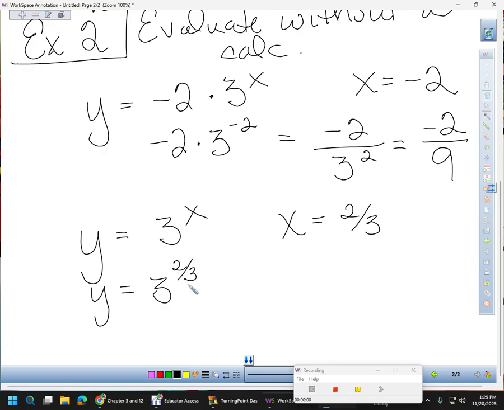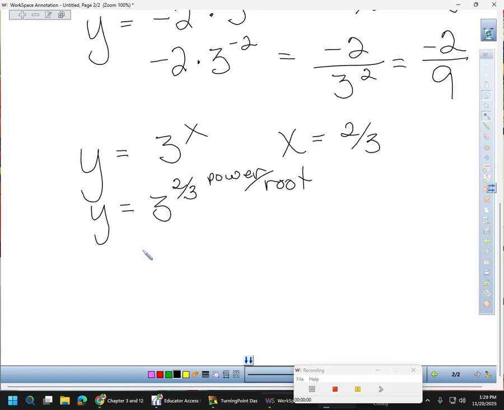What does anybody remember about a fractional exponent? What does it mean? You're on the right track. This means power over root. Exactly. So I can rewrite this as 3 to the 2nd power inside a cube root. So this actually equals the cube root of 9.